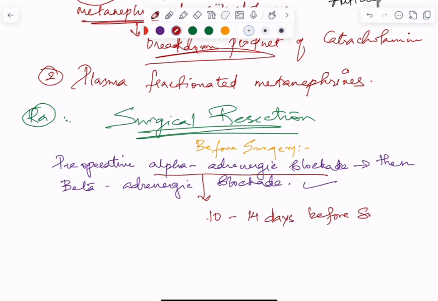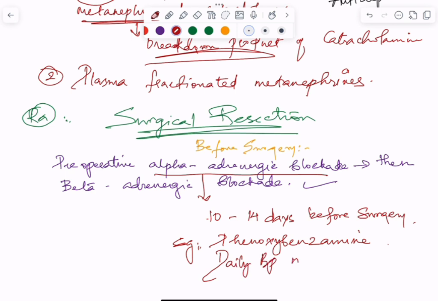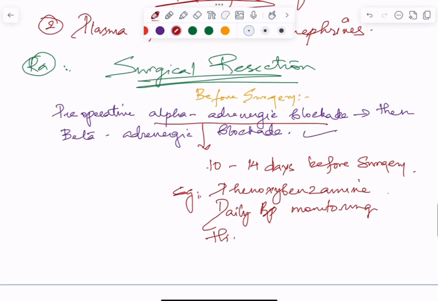Phenoxybenzamine is the drug we can give, but also one more thing I will explain. Daily BP monitoring, and a high sodium diet. How much? More than 5 gram per day.